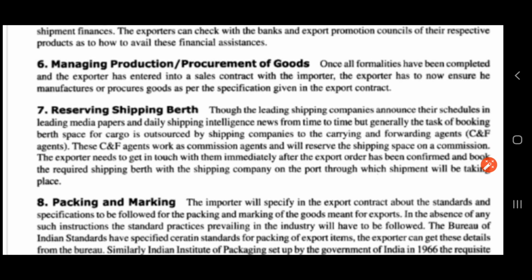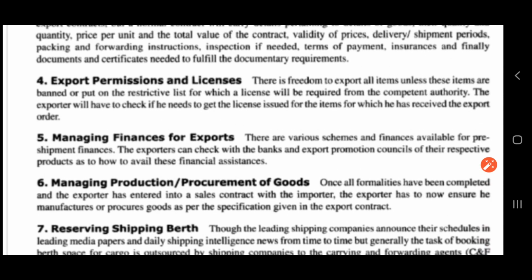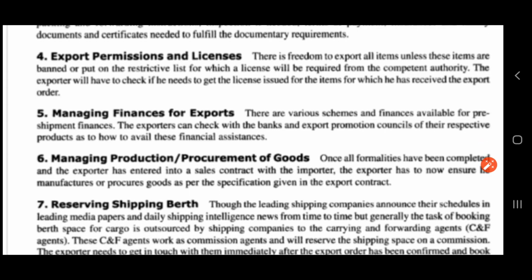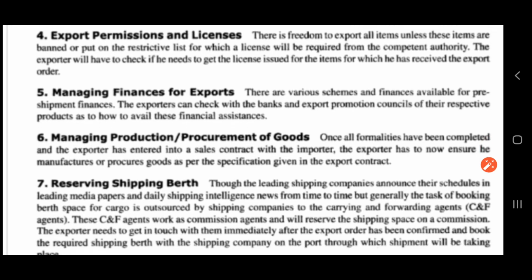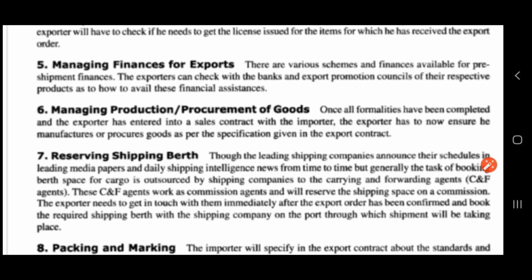Next, manage the production. Because we got the license, we had this agreement, right? We have completed the agreement process, and we have also gathered the financial resources required for this order. Then it is the process of production, the process of manufacturing the goods.